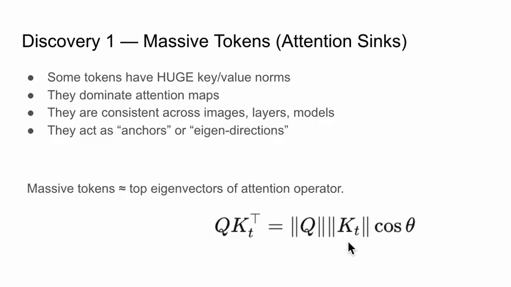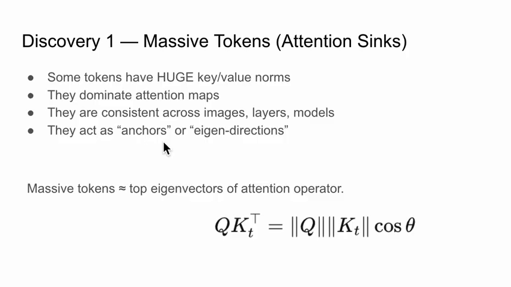The transformer uses them as anchors that stabilize the distribution. Crucially, these massive tokens are extremely consistent across images, across layers, across training paradigms. They absorb attention like black holes.